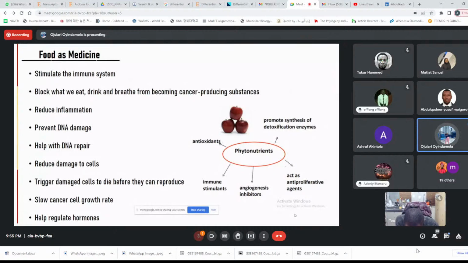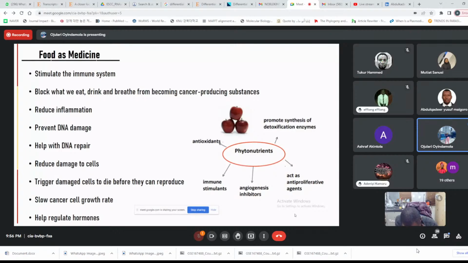And what antioxidants do to our bodies, they stimulate our immune system, they act as anti-proliferative agents, they promote detoxification enzymes, they are angiogenesis inhibitors. What is that? That's stopping the progression of cancer cells in our body.